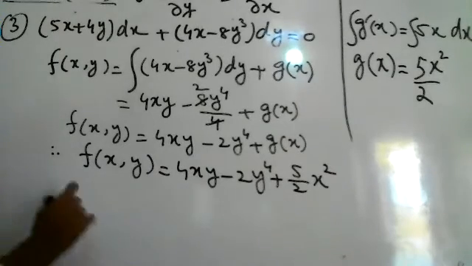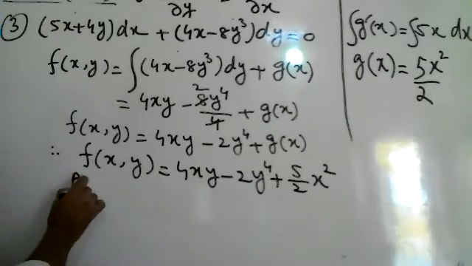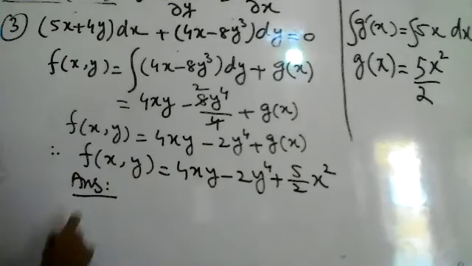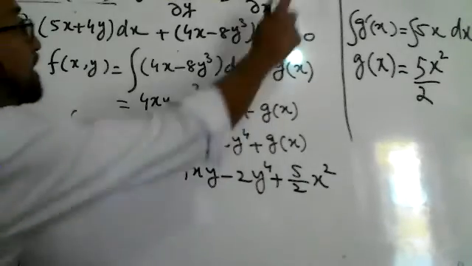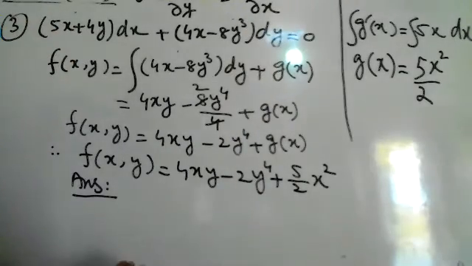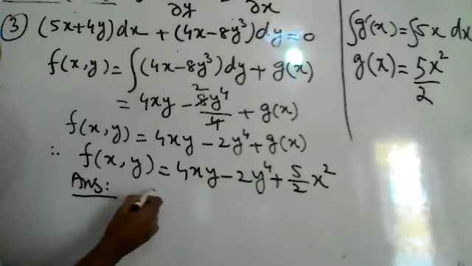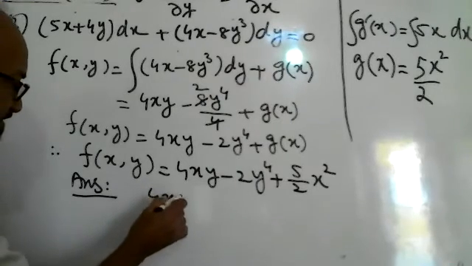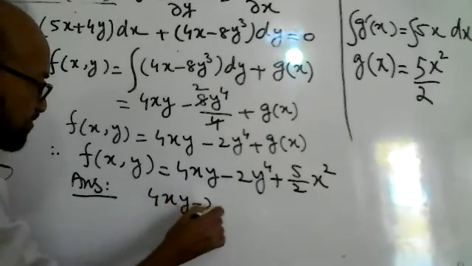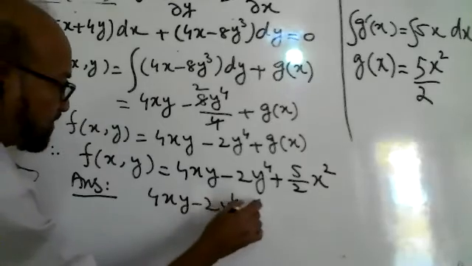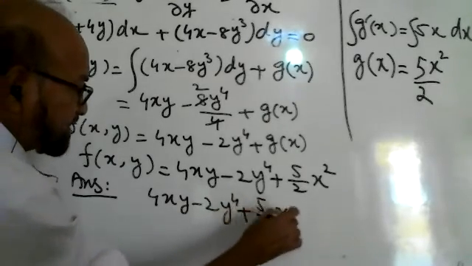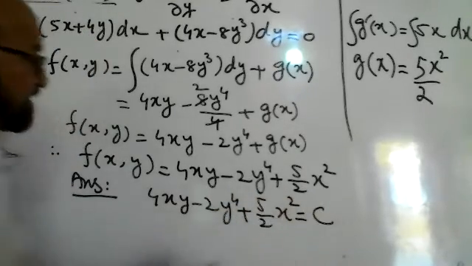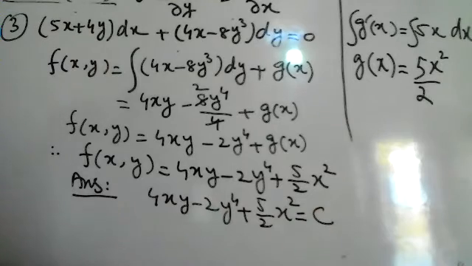And the final answer will be 4xy minus 2y4 plus 5 upon 2 x square equal to constant. This is the final answer.